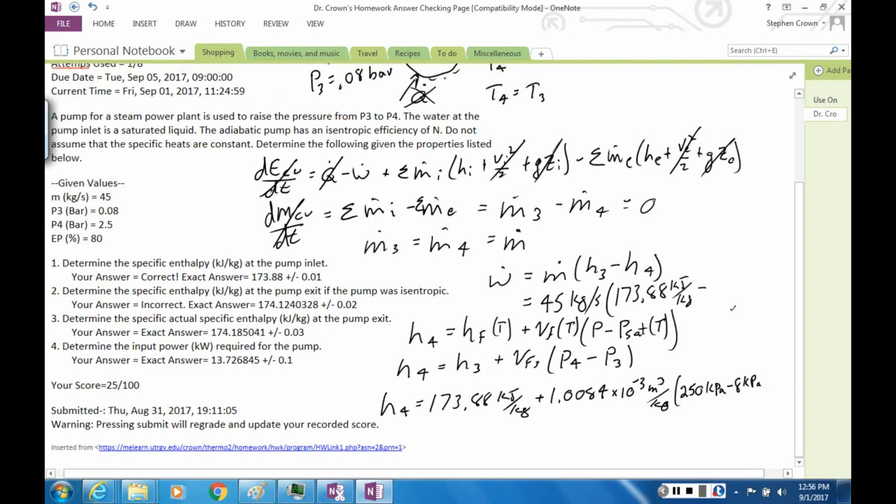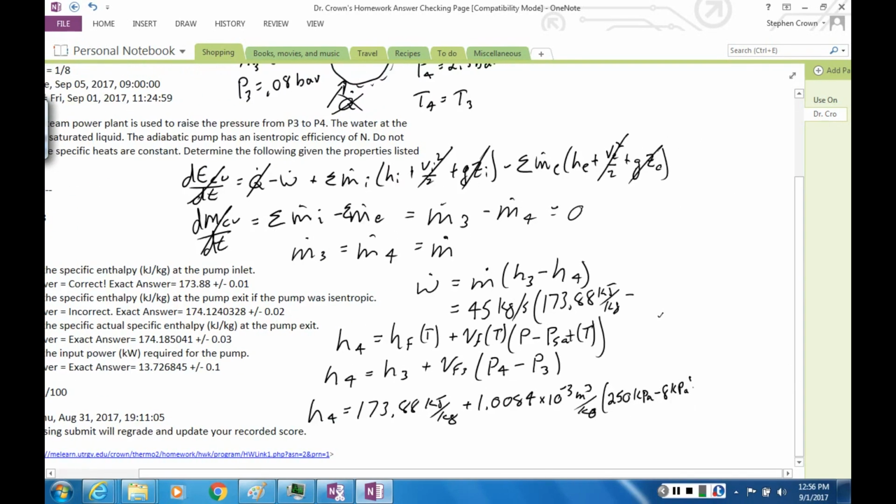So 1 bar is 100 kPa. And I do that because 1 kPa times cubic meter per kilogram is equivalent to 1 kilojoule per kilogram. That's because 1 Pascal is equal to 1 Newton per meter squared.